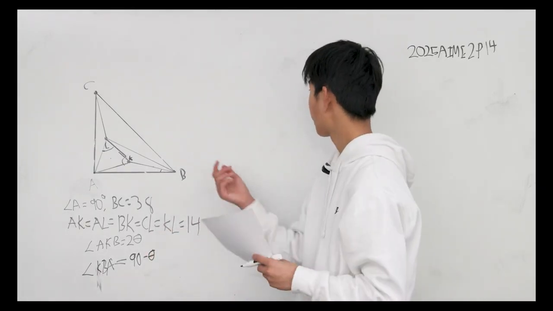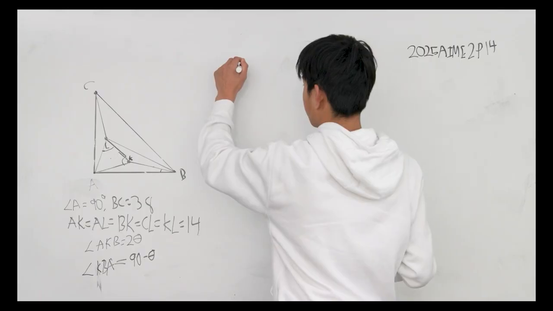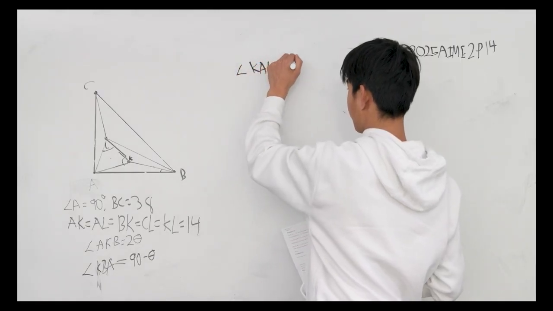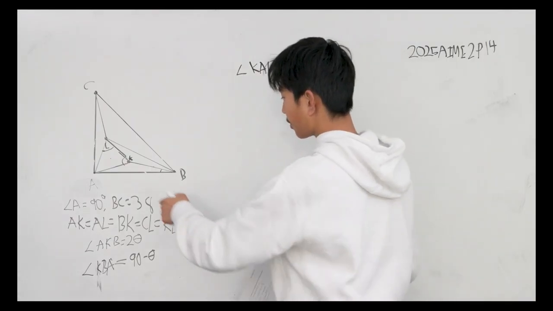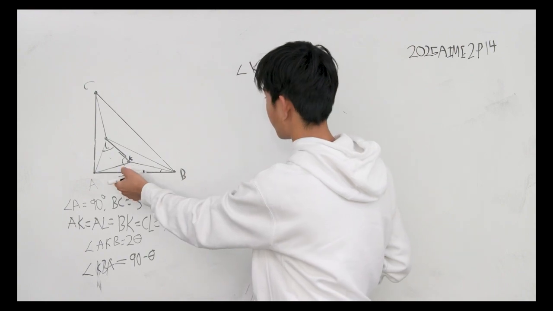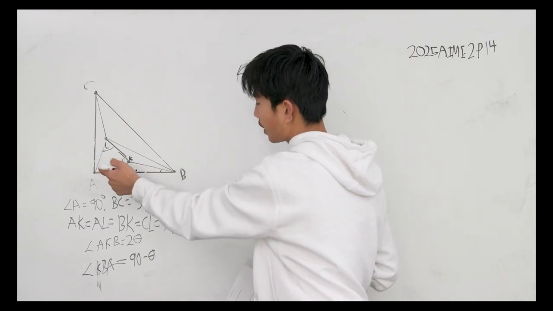We know that angle KAL is 60 degrees. We also know that this one is 90 minus theta. So 90 minus theta plus 60 degrees, you're going to find this angle.